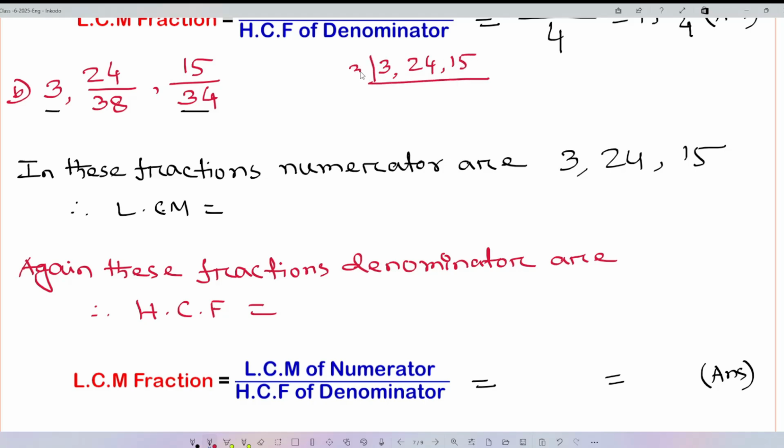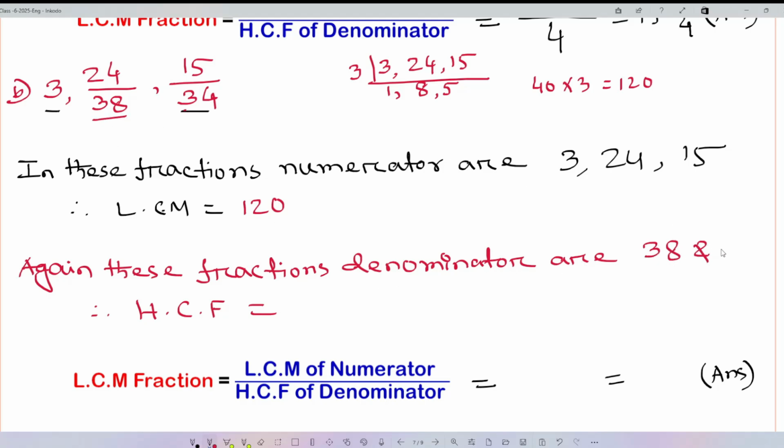So we can divide by 3. So here is 1, here is 8, and here is 5. So it's enough, because next we cannot divide anything. So 5 times 8 is 40. 40 times 3 is what? 40 times 3 means 120. So here is 120.